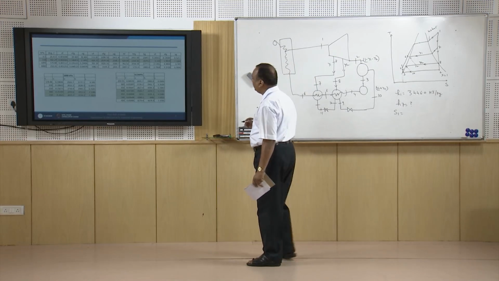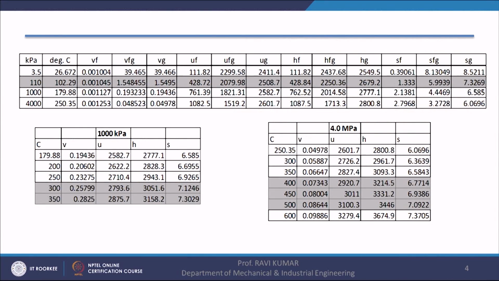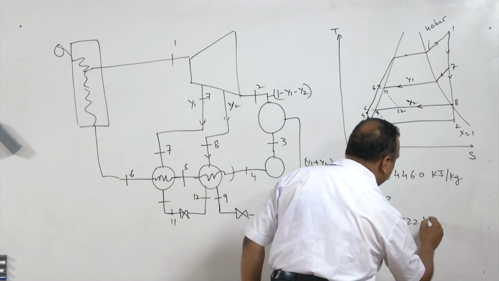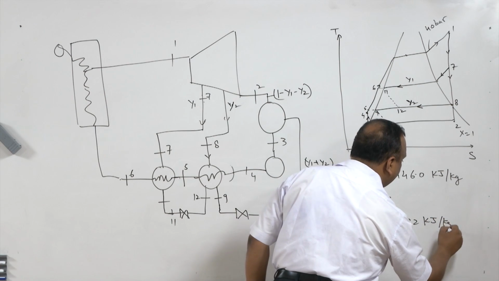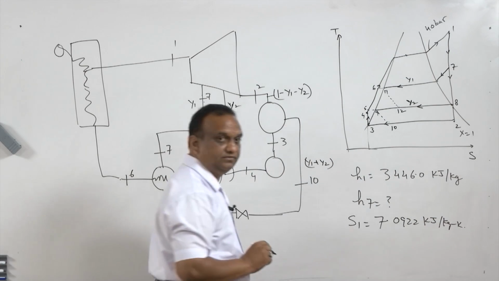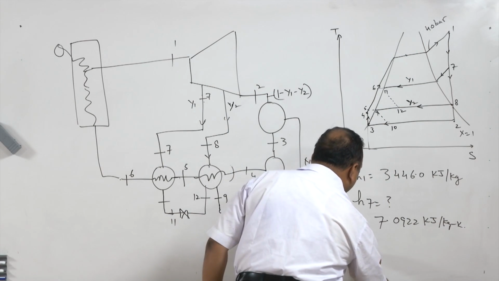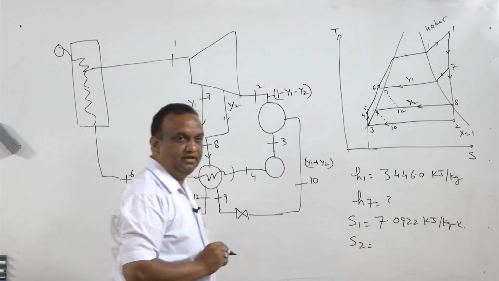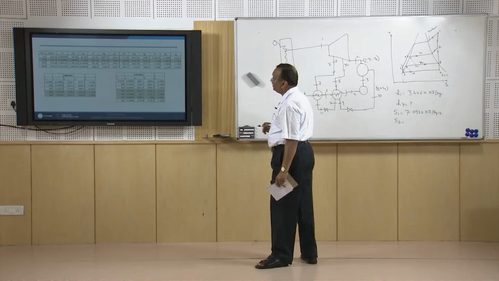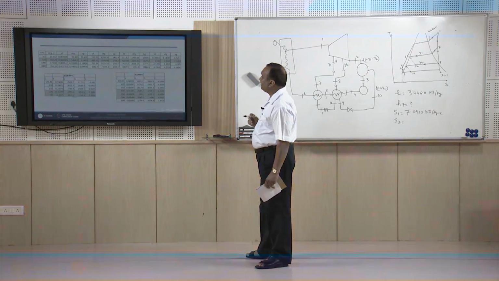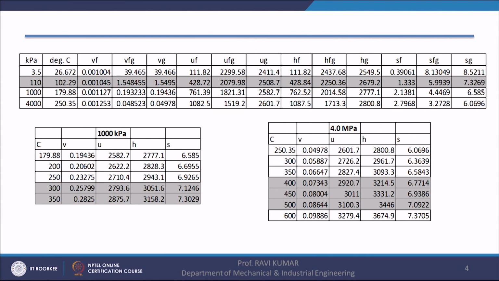At 500 degrees centigrade, the entropy is 7.0922 kilojoules per kg Kelvin. S7 at 10 bar is the same, but if you look at the saturation properties at 10 bar pressure, the entropy is only 6.585. It means the vapor at state 7 is superheated, right.